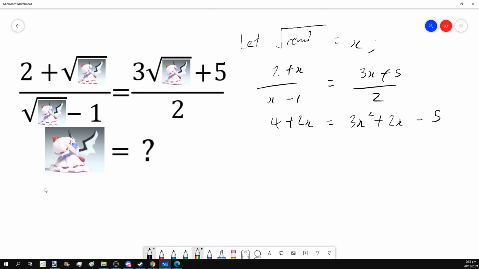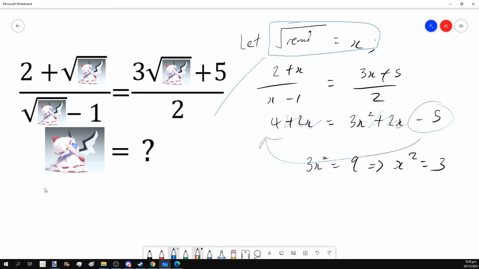Over here, we will then be able to very trivially cancel out the 2x's. We'll take the minus 5, move it over, and this should produce for you 3x squared equals 9, which implies x squared equals 3. However, we must keep in mind from our initial definition that we said x equals square root of Remilia, and the square root of something is always non-negative.